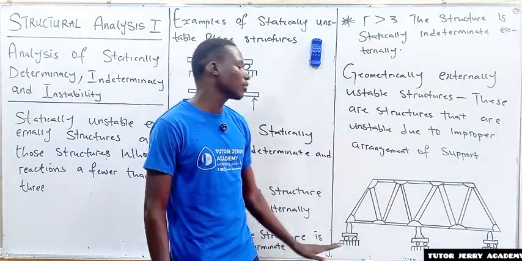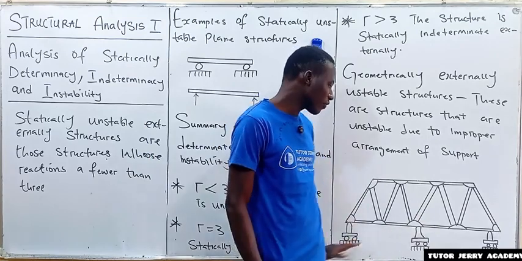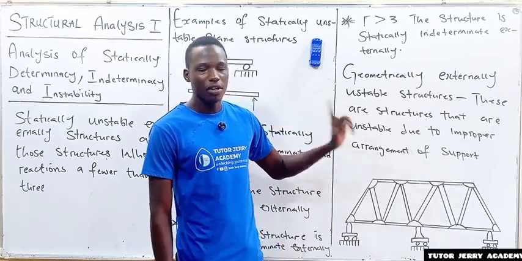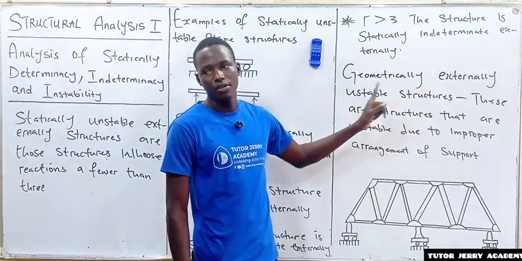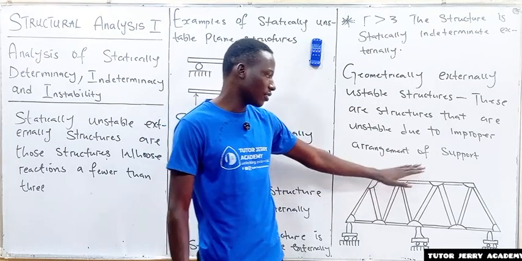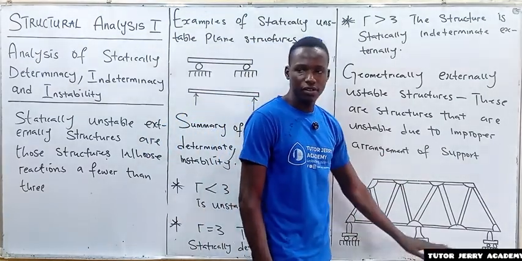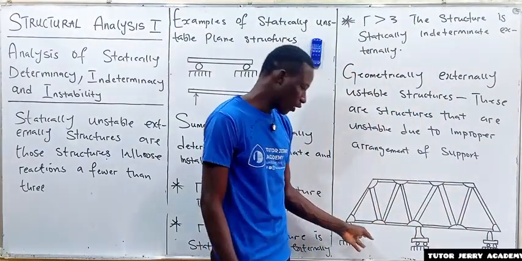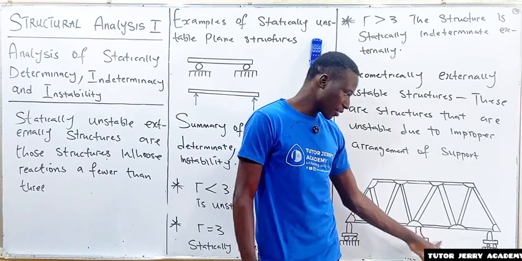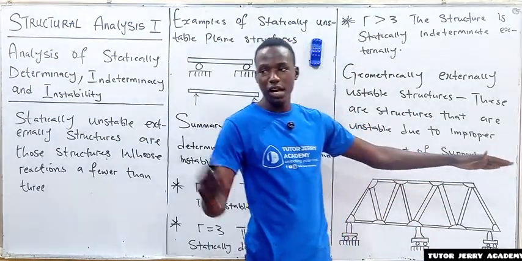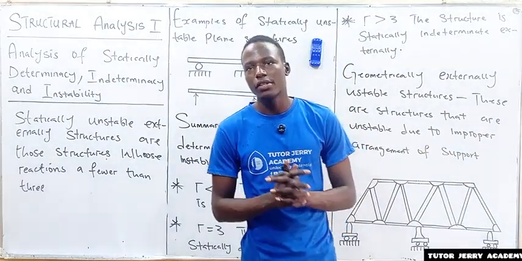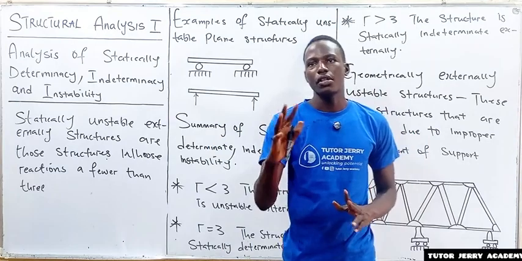When you draw the free body diagram, you're going to have an upward reaction here, an upward reaction here, and an upward reaction. There is no reaction preventing horizontal translation, so that makes it geometrically unstable externally.